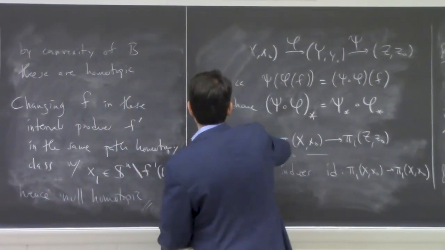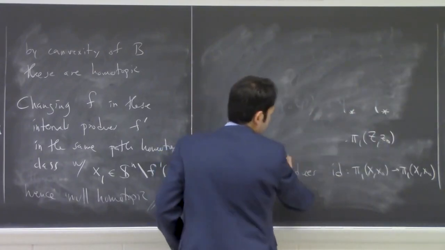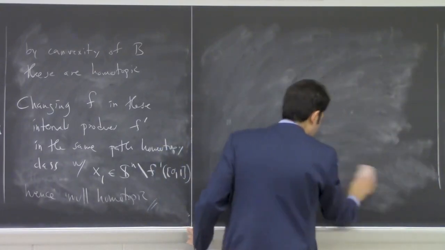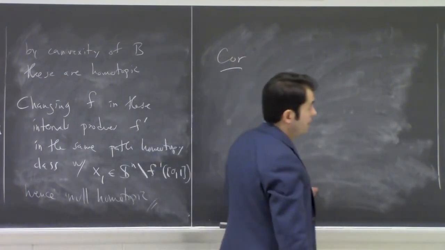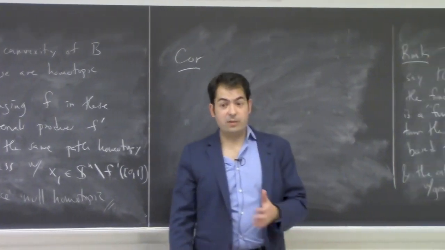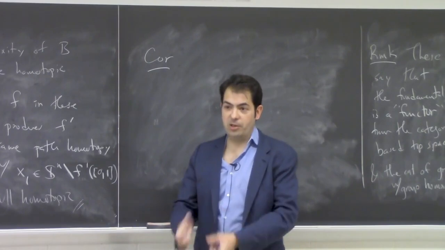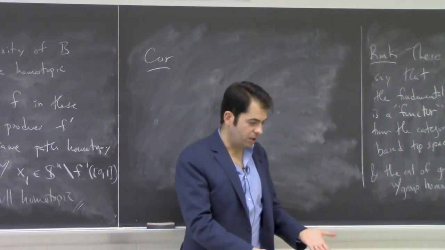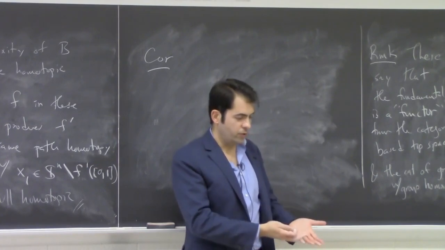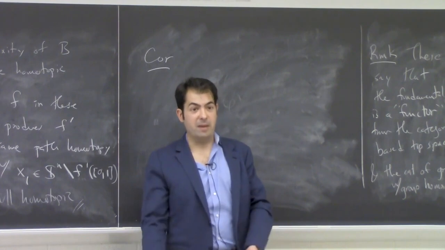So here's a corollary. What I started to say a moment ago, what really made Brouwer famous is that he was the first person to show that dimension is a topological invariant, right? So it was surprisingly hard, it turned out, to show that Rn and Rm are not homeomorphic if n is different from m.